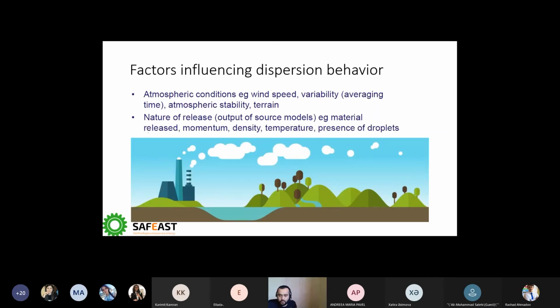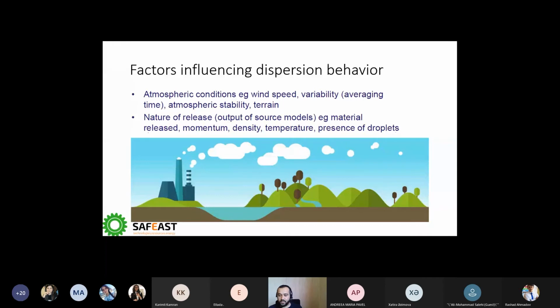So in terms of the factors which can influence the dispersion behavior, obviously the main one is the atmospheric condition. I'm sure that you have already observed this many times: one of the main things is the wind speed and wind direction, which define the release direction, dilution, and extent of the cloud.